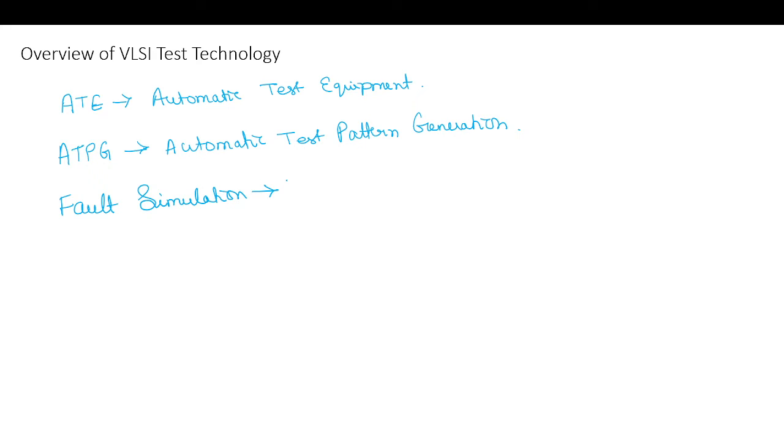This can be done in different methods, such as performing it in parallel to reduce the simulation time. We have other types called deductive fault simulation and concurrent fault simulation. So this is to emulate the behavior of the fault and the test vector in software to know the fault coverage or the test coverage. So again, we have two terminologies, fault coverage and test coverage.